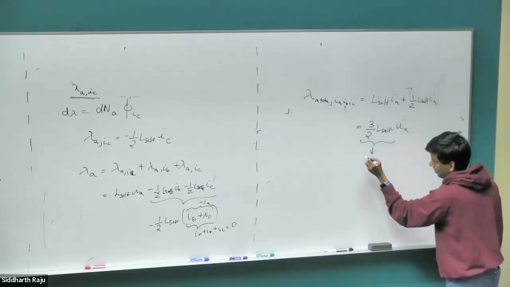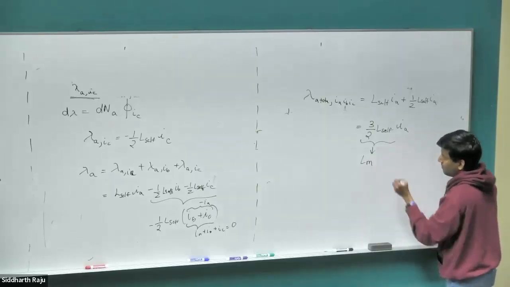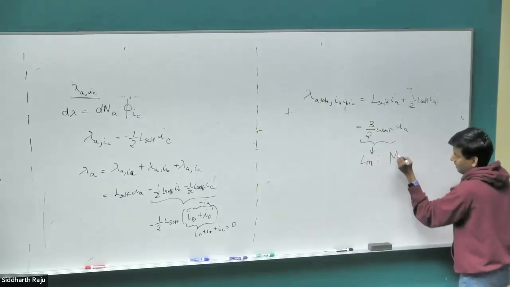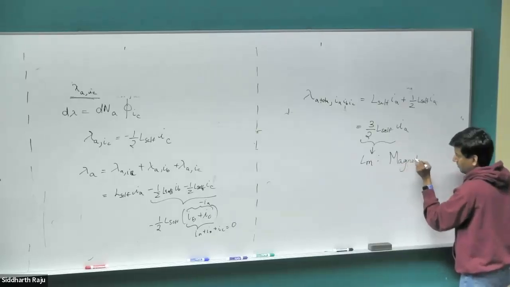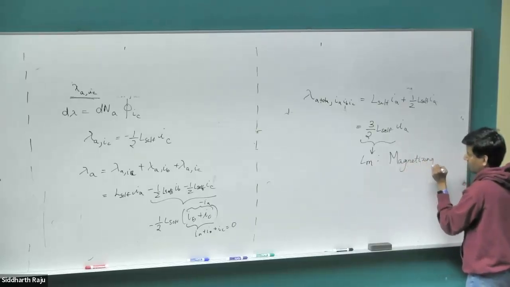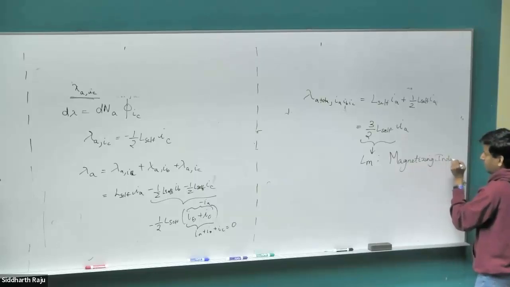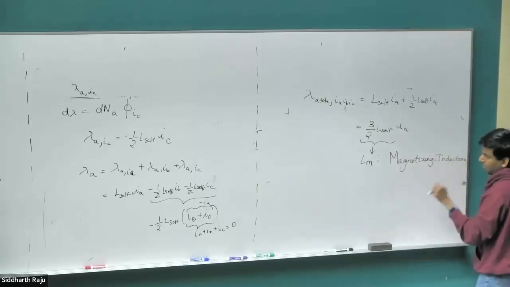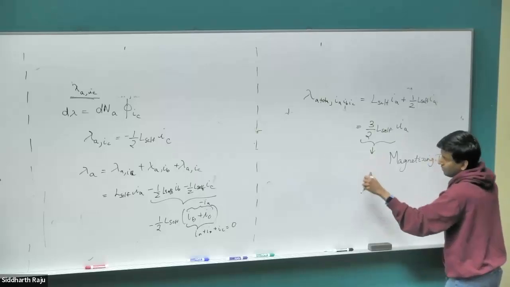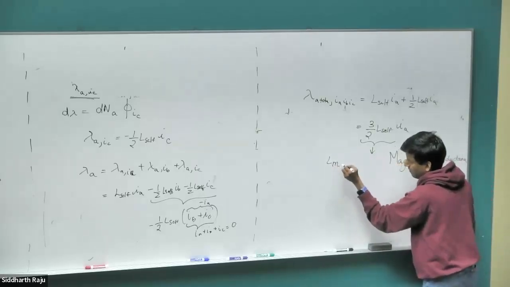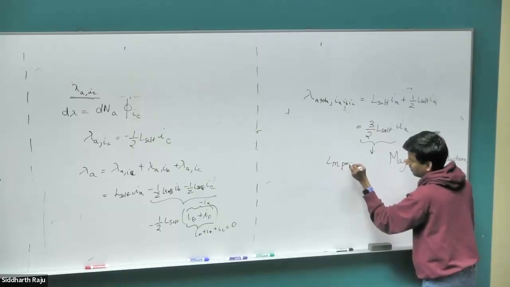And we are going to introduce a new term, LM, our magnetizing inductance. The textbook defines this as LM, I think per phase.